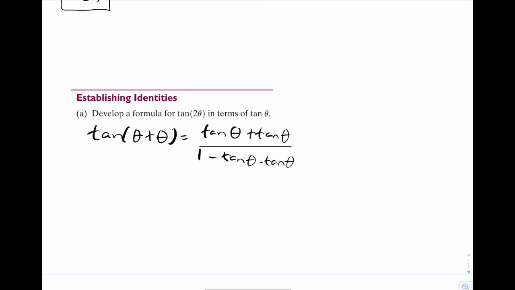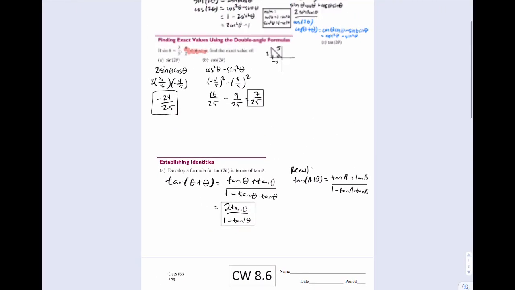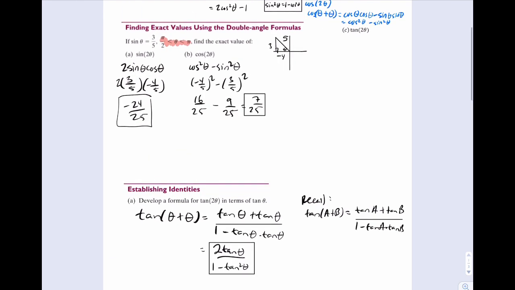Now, if you're wondering how I did that, just recall tan of a plus b is simply tan A plus tan B all over 1 minus tan A times tan B. Now we simplify, that's simply 2 tan theta over 1 minus tan squared theta. And there it is.